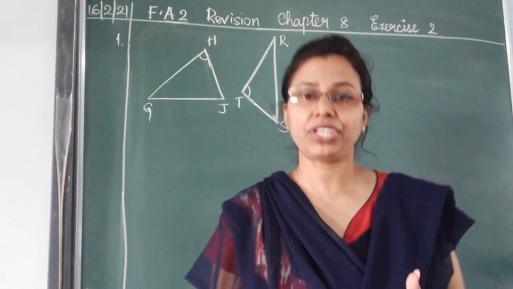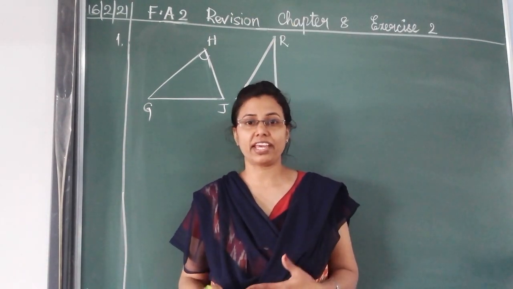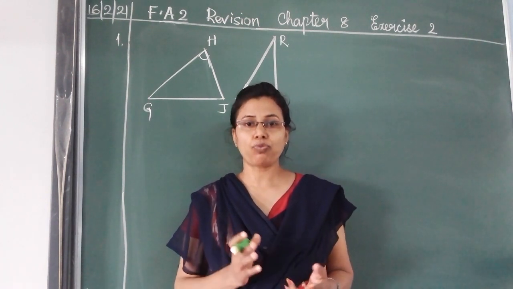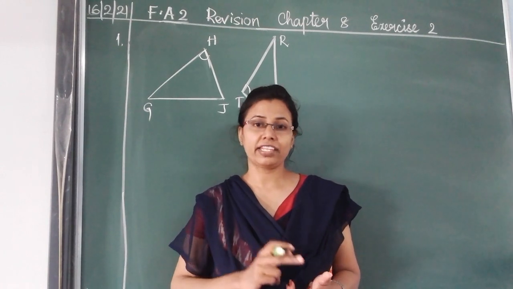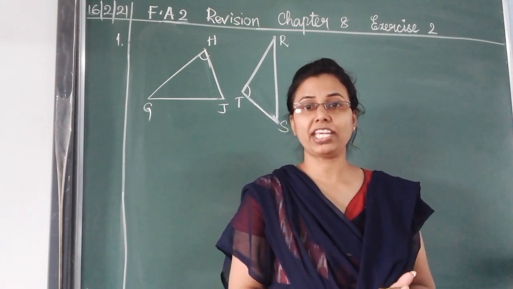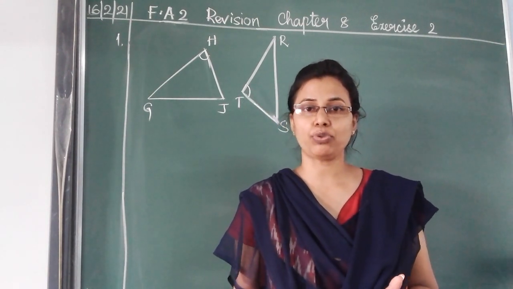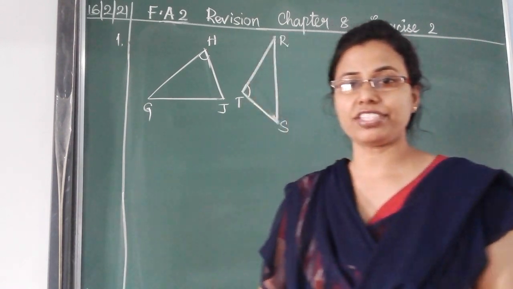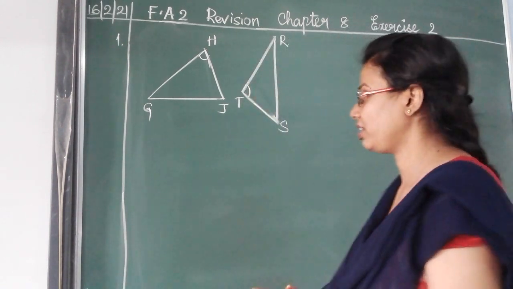You know that when we are using SAS congruency, two sides of one triangle and the included angle should be equal to the corresponding two sides and angle in the other triangle. So let's see what is the given condition here.